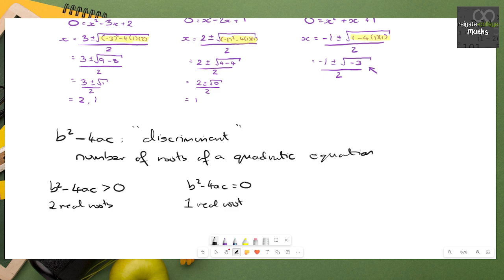So you might see this written as a repeated real root, or equal roots, something along those lines, to say they're 2 but they're the same. And then in this last case, we had a negative number under the square root sign, so we had no real roots.